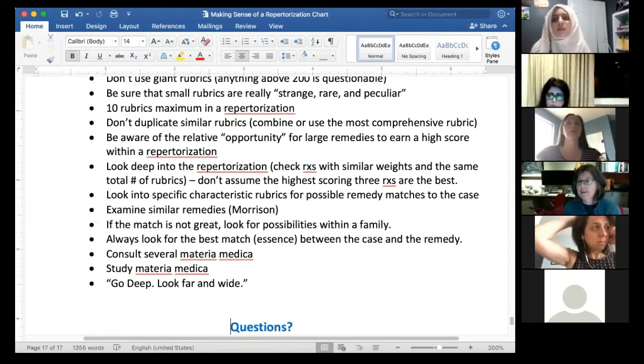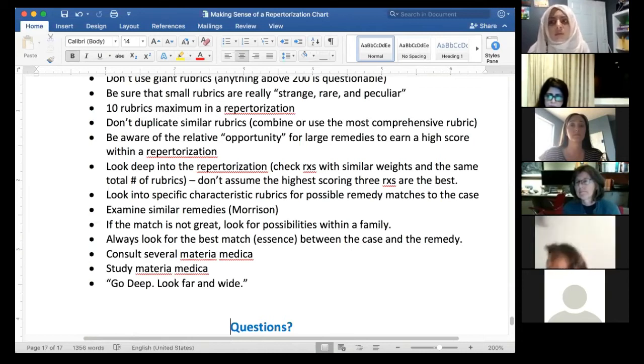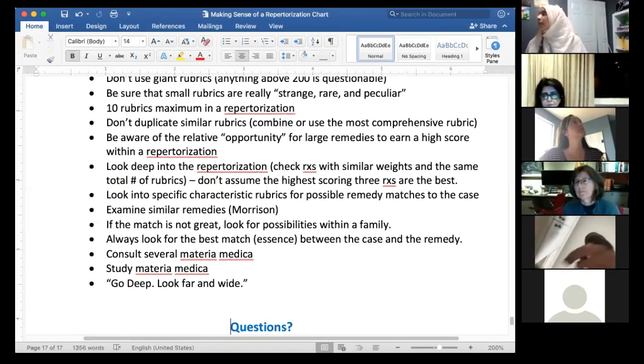No, because something happening concomitantly means that they're happening at the same time, but they're both real symptoms. They might have very different rubrics associated with them. So no, that's not something that you'd want to combine. Okay, I just wanted to make sure on that. Thank you.